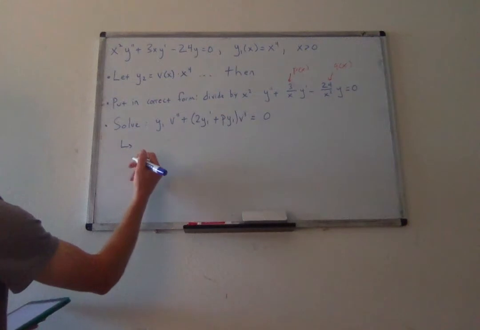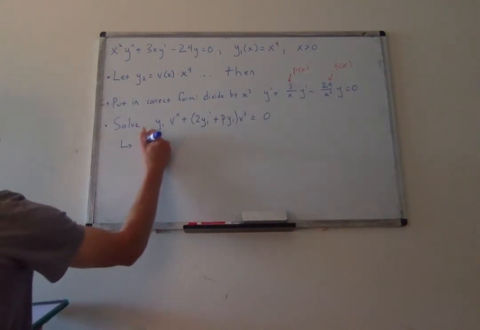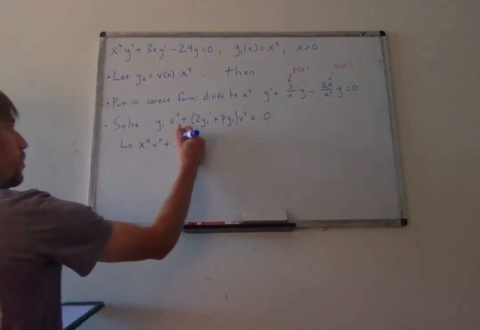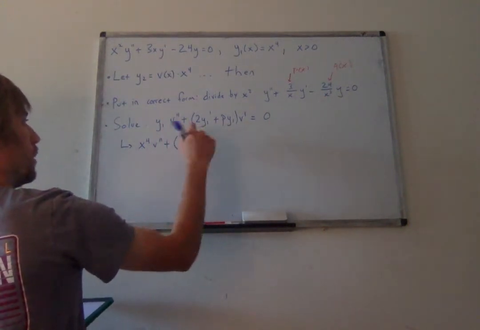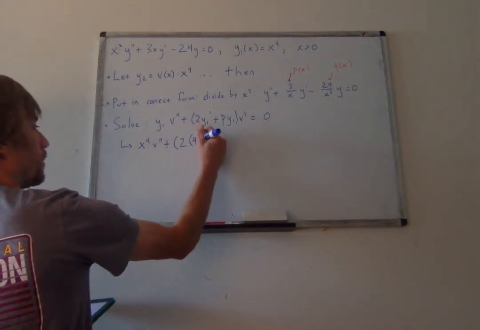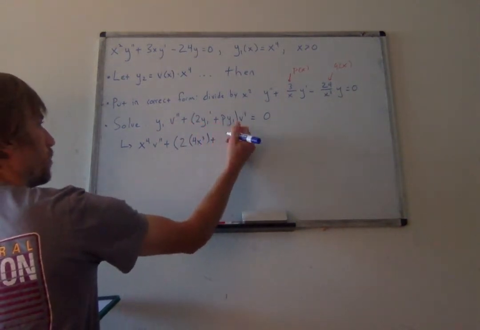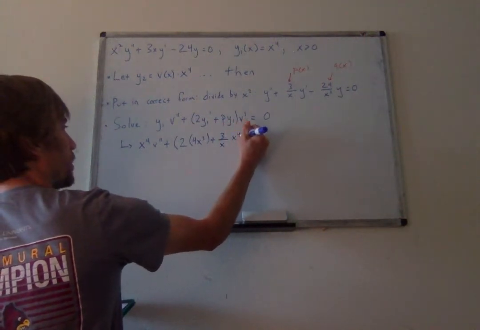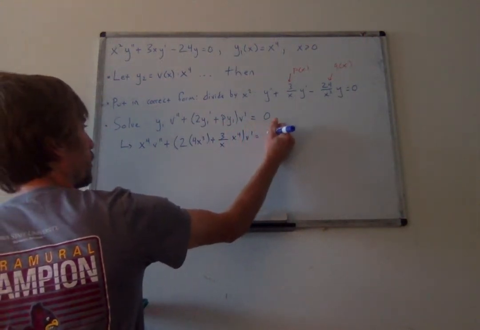And you can see once we've set up this substitution, it's sometimes actually not horrible to work through. So this would be 2 y1 prime, which is 4x cubed, plus p, which is 3 over x, times y1, which is x to the 4th, equal to 0.